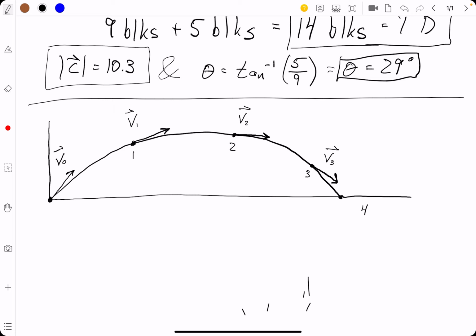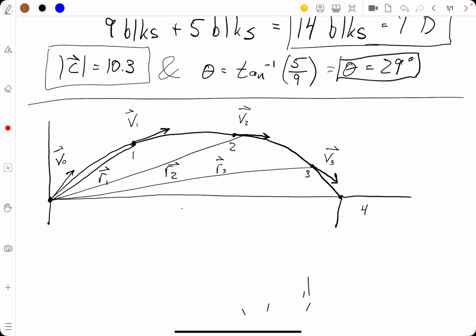Those are the velocity vectors, but there's also a positional vector. So this is R1, the radius from the origin. There's R2. There's R3. And then lastly, we've got R4, but R4 also equals our range.